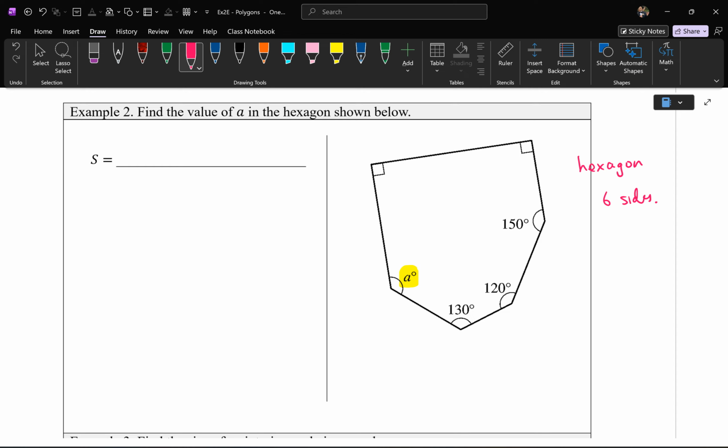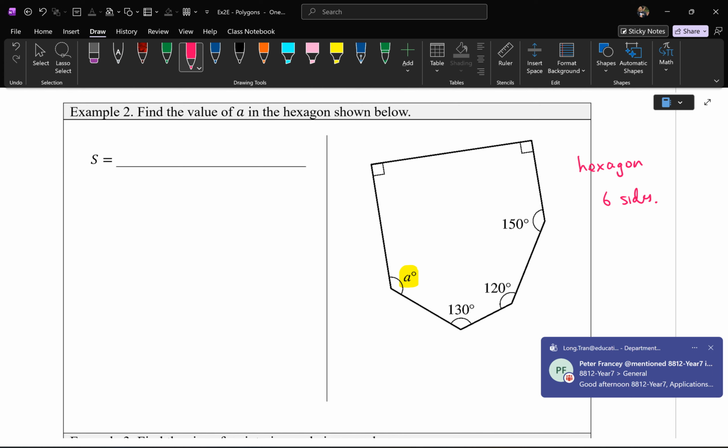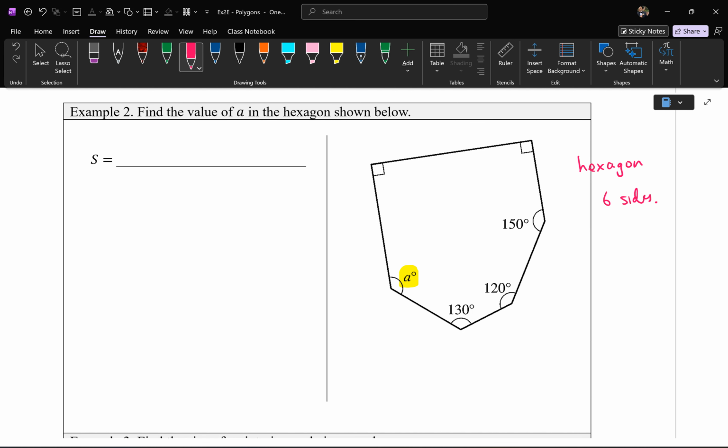So if it has 6 sides, what was the formula again? I know this has 6 sides, so what's the formula to work out the total angle sum if I add them all together for a 6-sided shape? 6 minus 2, which is 4. So you've got 4 triangles, and then how do you work out the total sum?